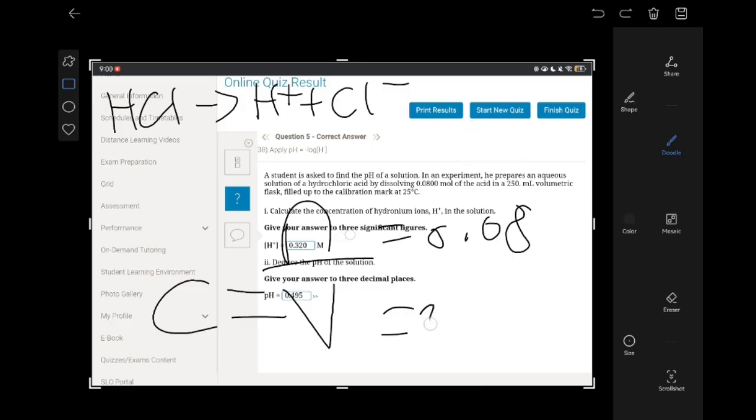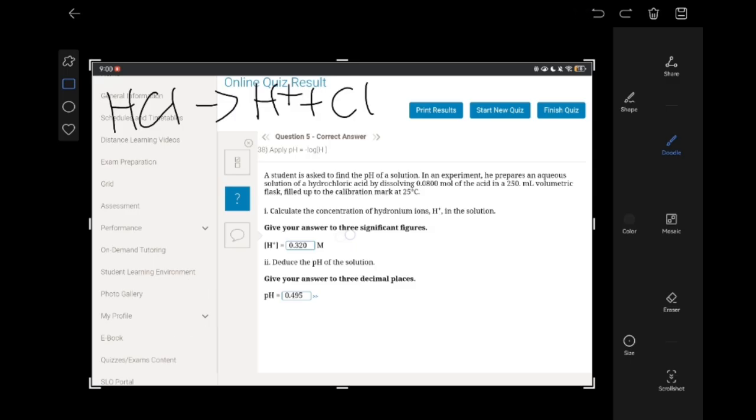So to make it liters, you divide by 1,000, which is equal to 0.25. So you just do 0.08 over 0.25, and that's what you get. So C is 0.32. It's a 1-to-1 ratio. If 1 gives you 1, 0.32 gives you X. Cross multiply, it's the same. So it's the same concentration.